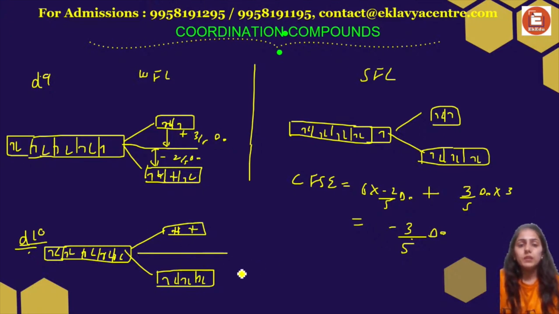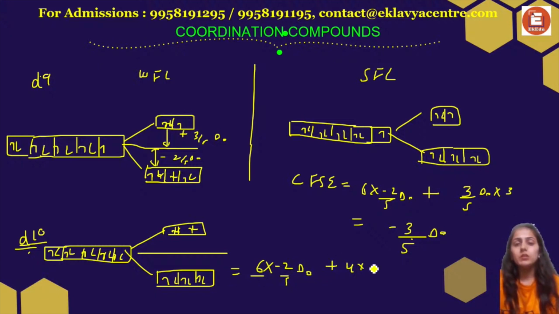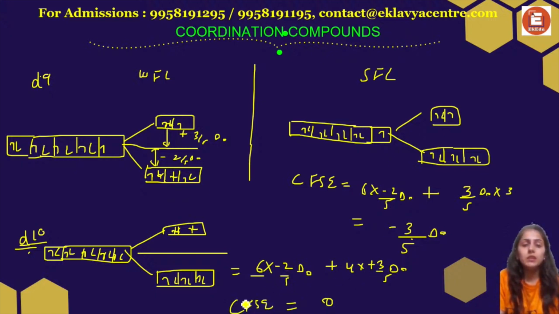Here it will be 6 into minus 2 by 5 delta plus 4 into plus 3 by 5 delta. That is minus 12 plus 12, so CFSE will be 0 in case of d10.